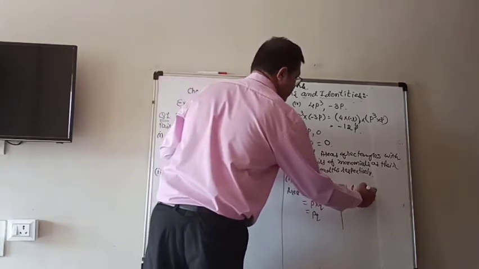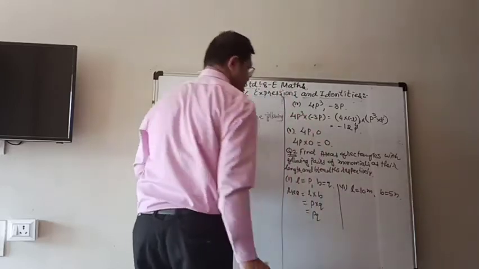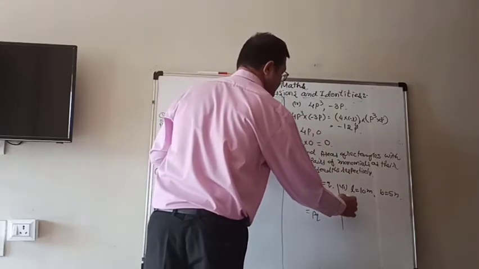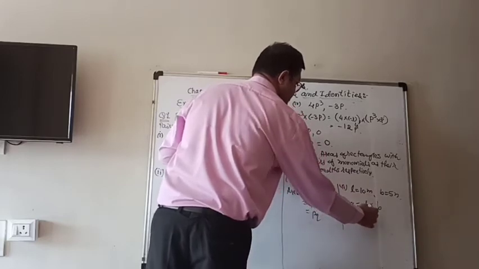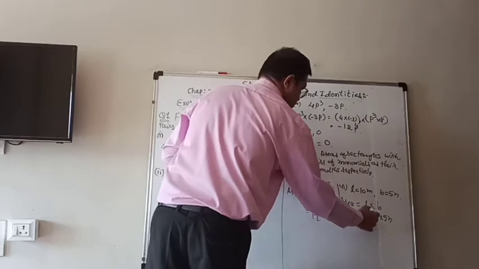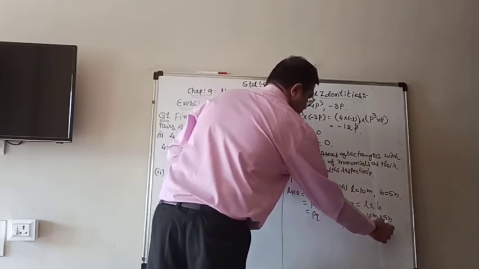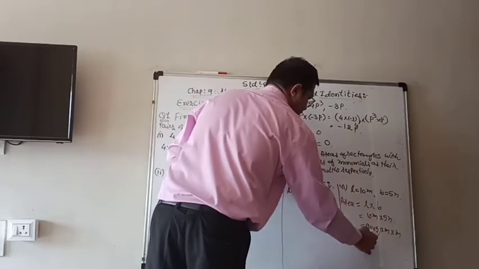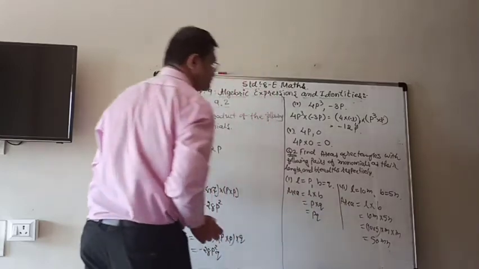L is equal to 10m, breadth is equal to 5m. So now area, length multiplied by breadth, 10m multiplied by 5m. So we know that 10 multiplied by 5 multiplied by m multiplied by m, that is 50 m square.